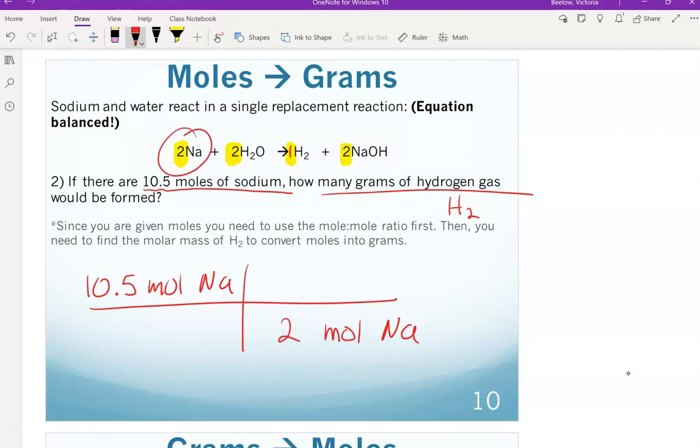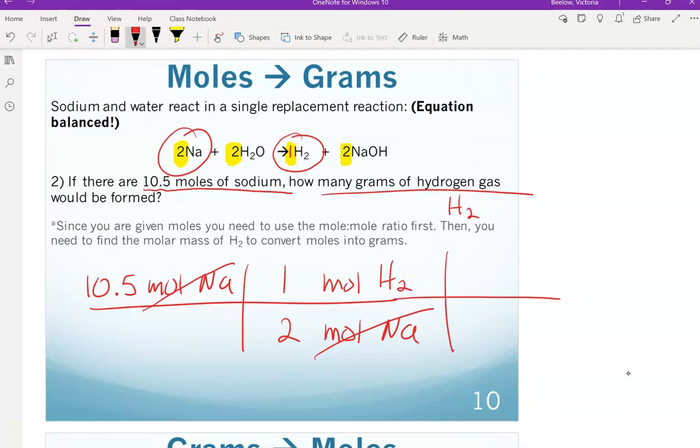So 2 moles of sodium. And then above that, I'm going to put moles of what I want my answer in. So in this question, it's asking for how many grams of hydrogen gas. Well, I need to convert into moles of hydrogen gas first. According to the equation, 1 mole of H2. So again, all I've done is convert moles of sodium into moles of hydrogen.